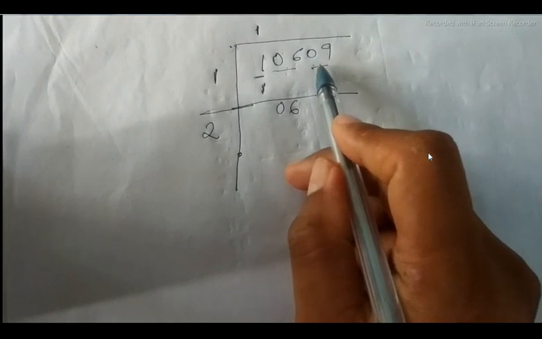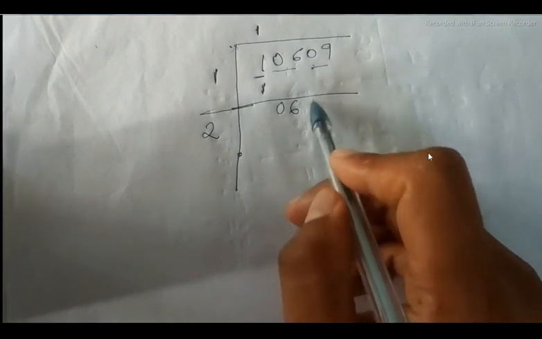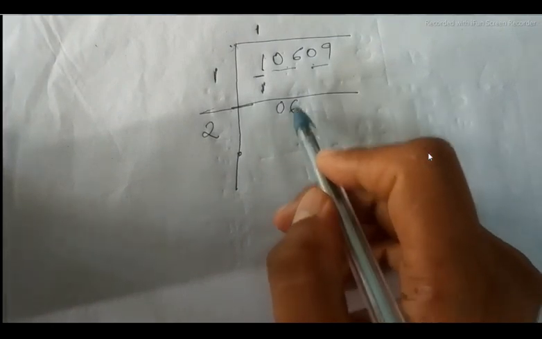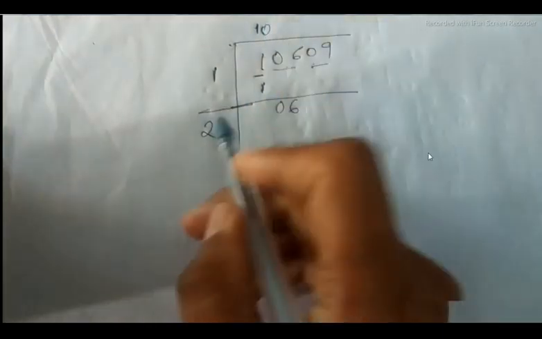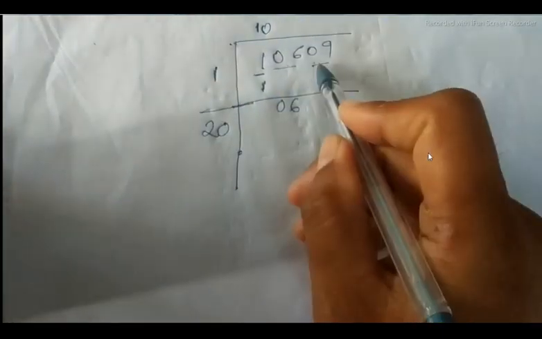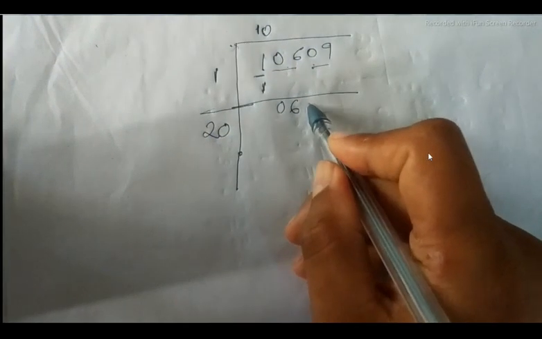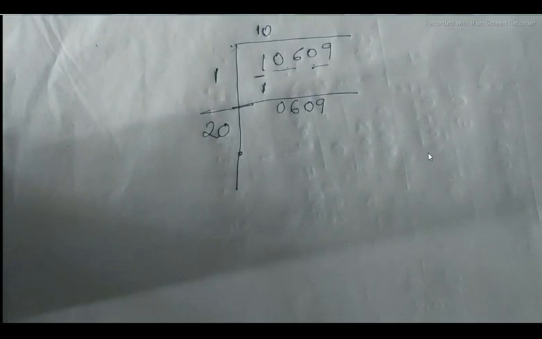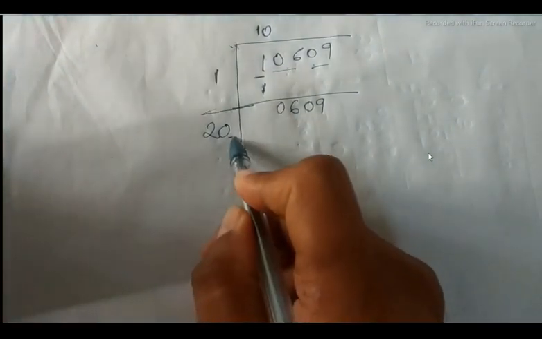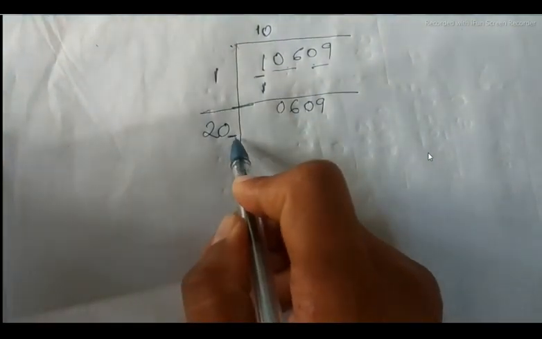To bring the other pair of digits down, we have to add a 0 in both the quotient and the divisor. Then only the other pair will come down.